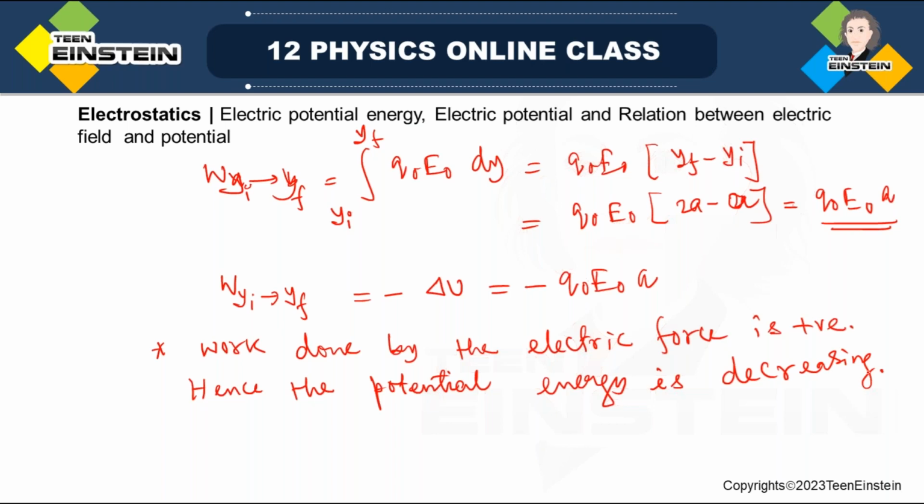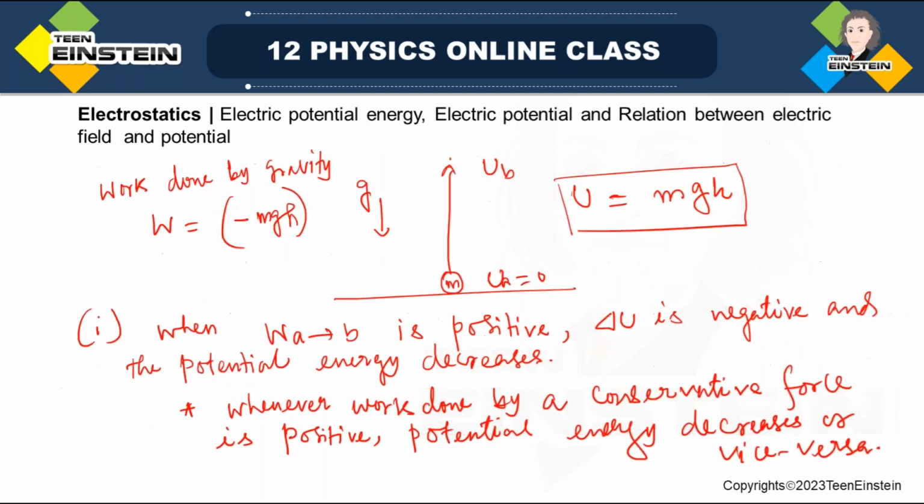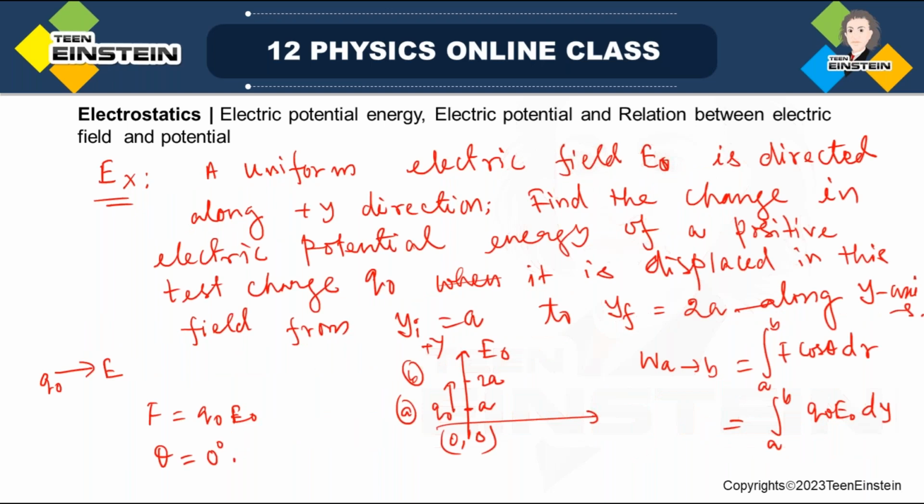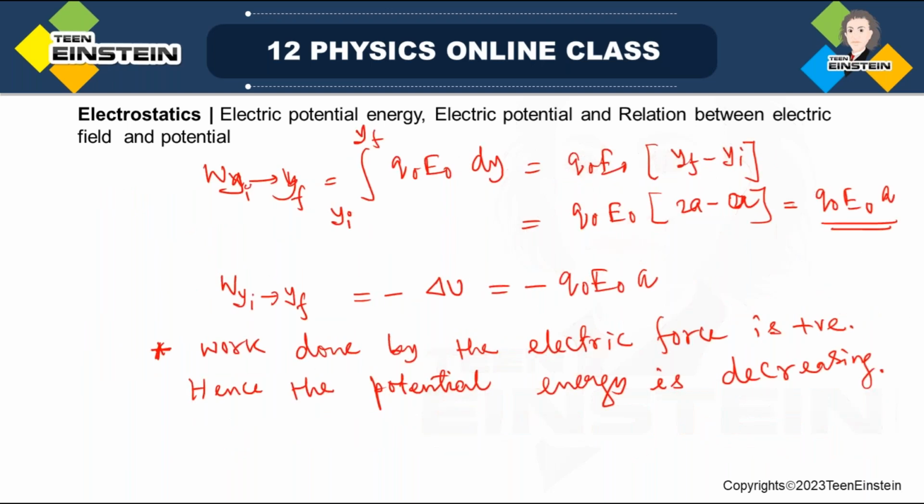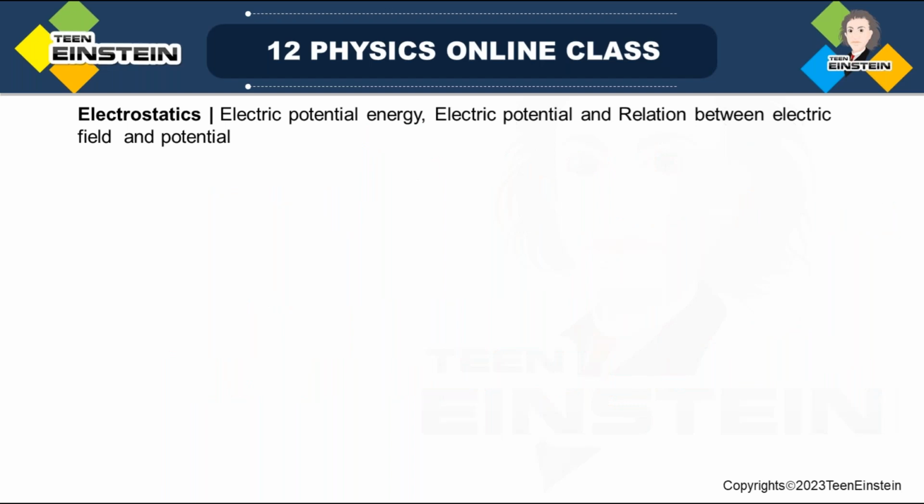This is what we wanted to understand in the previous corollary, as I had written here. When work done is positive, delta U is negative, that means the potential energy decreases. This happens for any conservative force field, whether it is an elastic, gravitational or electrostatic force field, because all are conservative in nature.